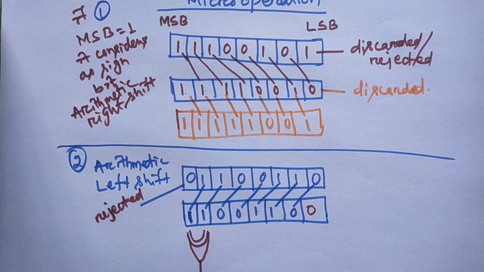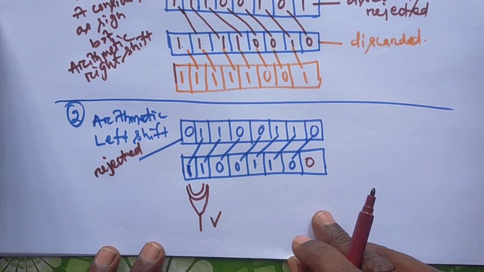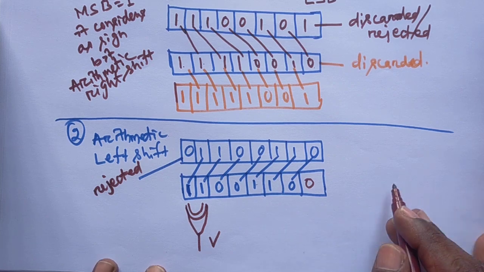Suppose the output of that XOR gate is V, one kind of result on these 2 bits.